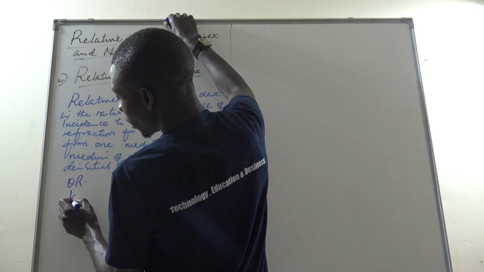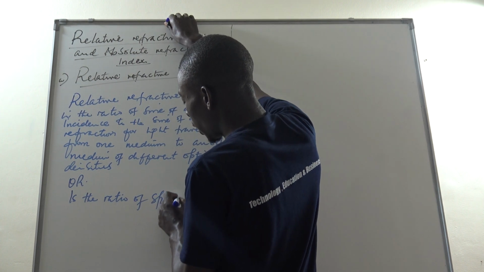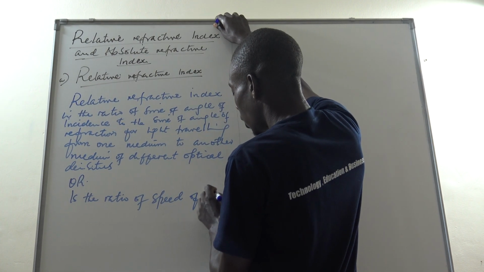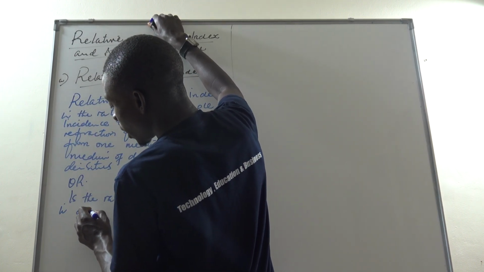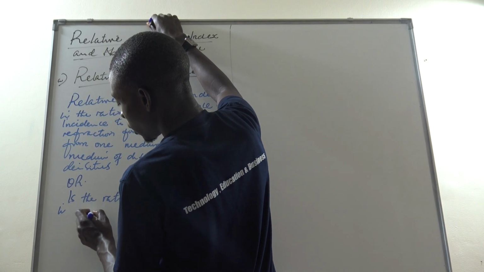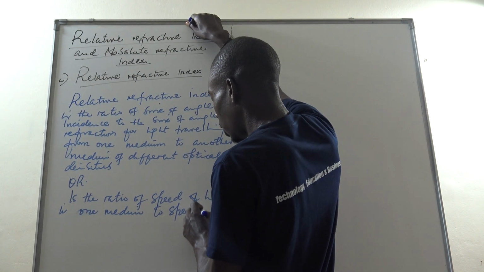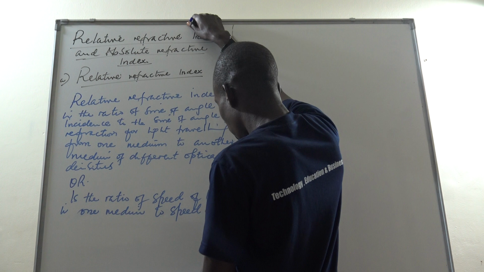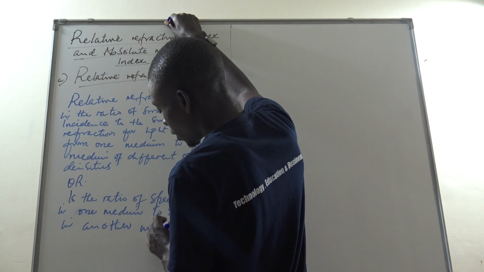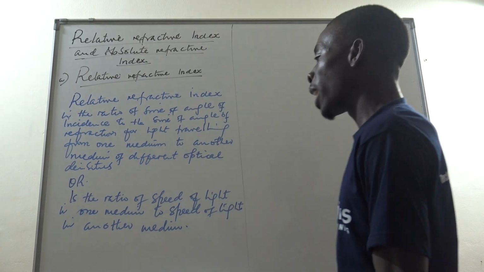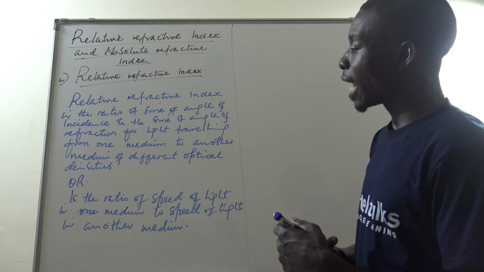Or you can say it is the ratio of speed of light in one medium to speed of light in another medium. Okay? We can also define it as the ratio of speed of light in one medium to the speed of light in another medium.